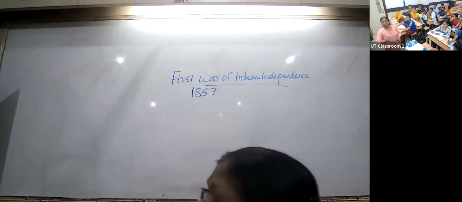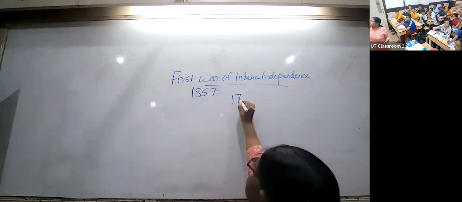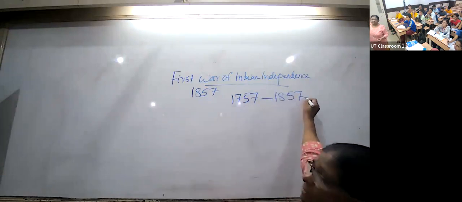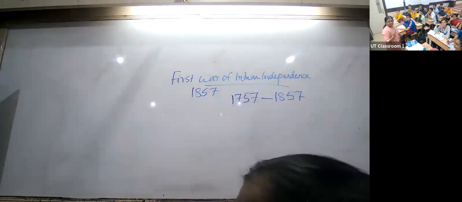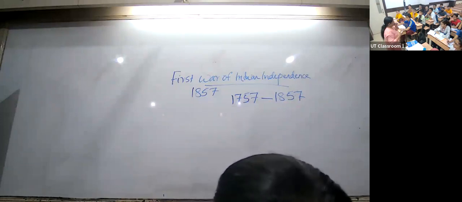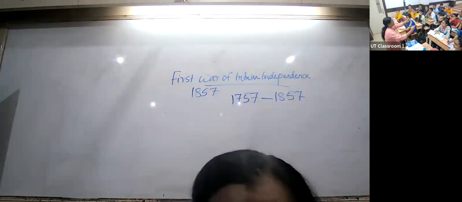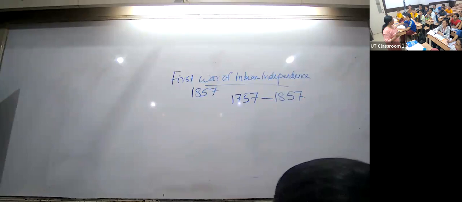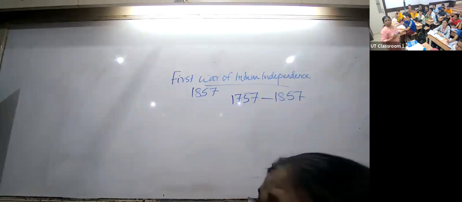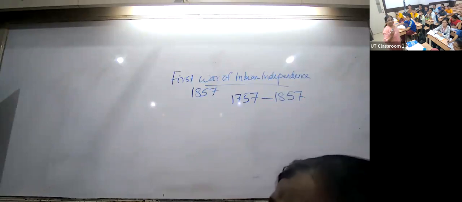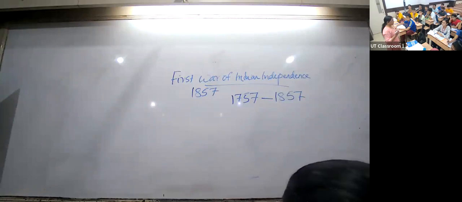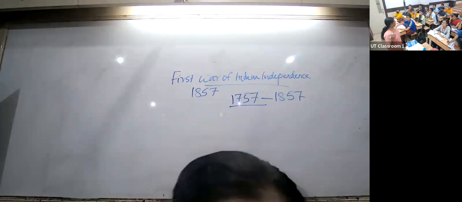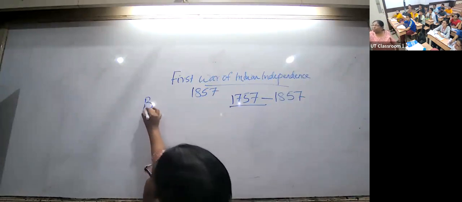So that was the period from 1757 to 1857, when they established their control. What was the event of 1757? Battle of Plassey.